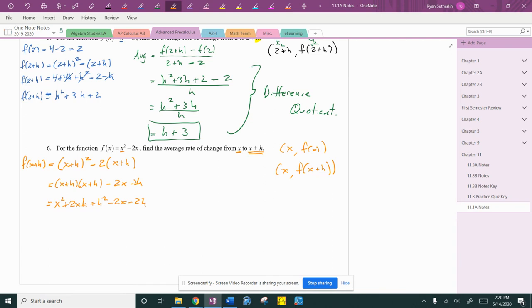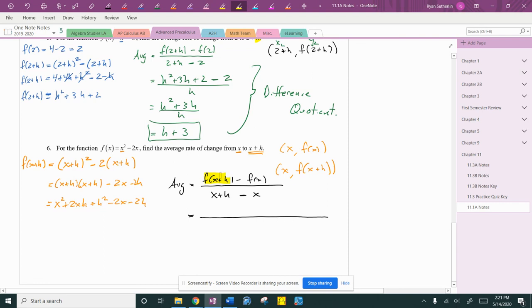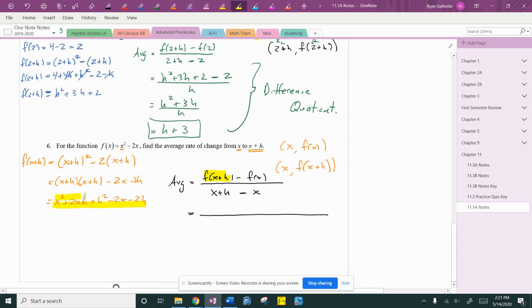So now, let's see what I have here when I do the average rate of change. I've got f of x plus h minus f of x over x plus h minus x. So this thing right here, that is this.